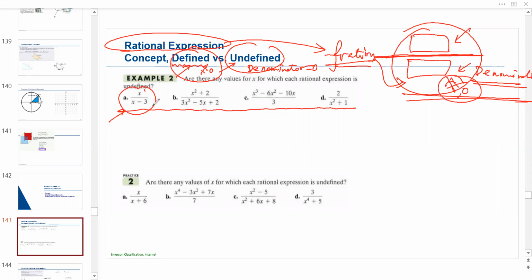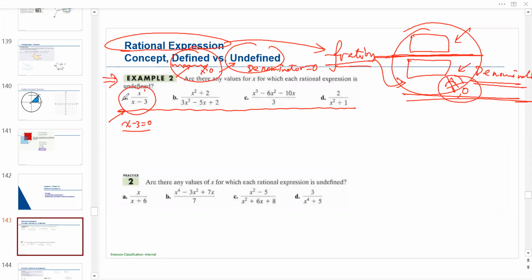Like this expression, the denominator is the bottom part over here, so when x minus 3 equals 0, this expression is undefined. Are there any values of x for which each rational expression is undefined? It means you try to find when their denominators become 0.